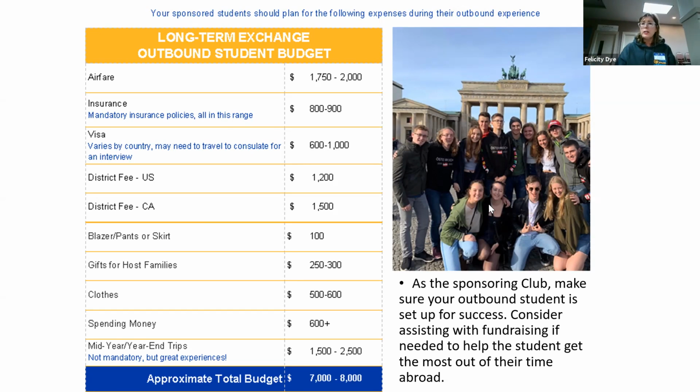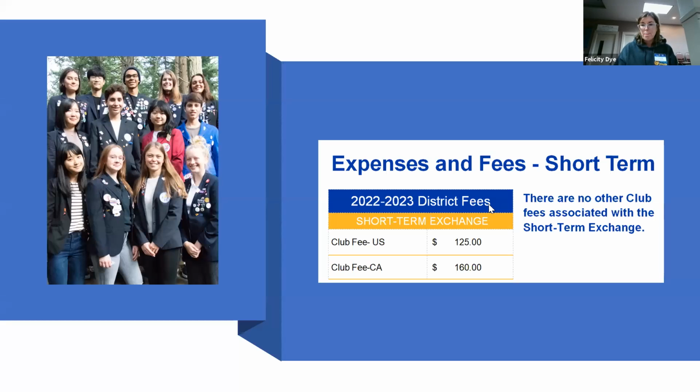So make sure when you're talking to parents that you emphasize that that's a really key thing for students to do. Okay, short-term exchange. The club fee is $125 per student.